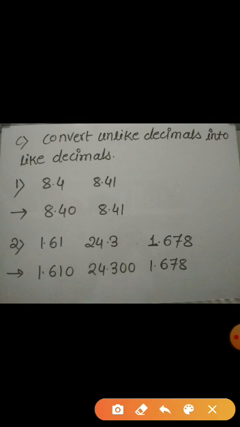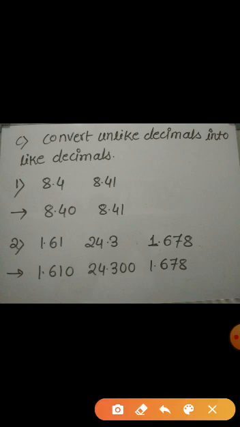See the second example. The numbers are 1.61, 24.3 and 1.678. If you observe these numbers carefully, you will see that in the third number, there are a total of 3 decimal places, right? But in the first number, there are only 2 and in the second number, there is only 1. So how can we convert them into like decimals?